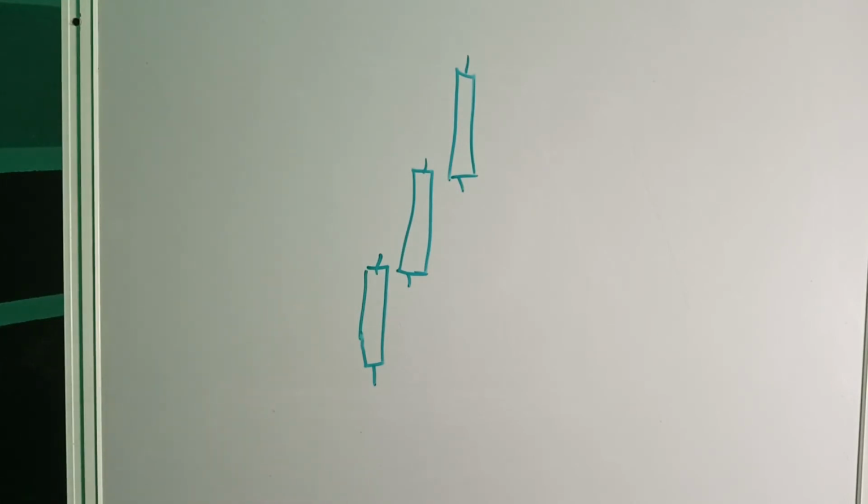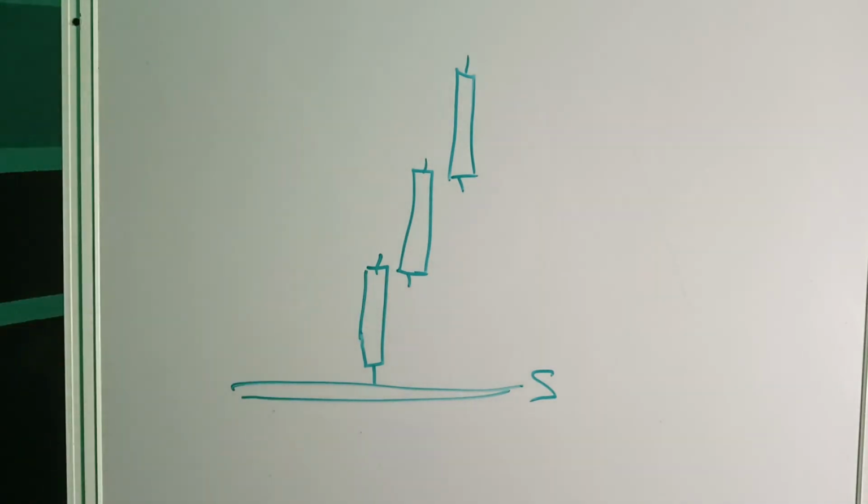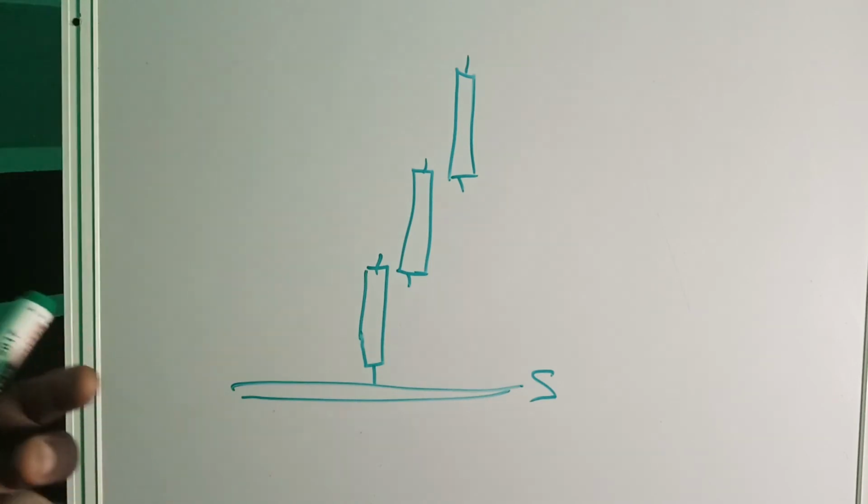If this should form at a support level, you should know that the bulls are in control of the market and they are trying to push price upwards. So there is a 90% chance that the trend will be bullish.